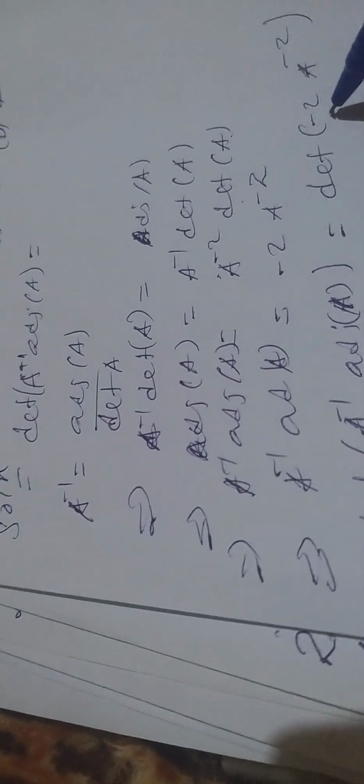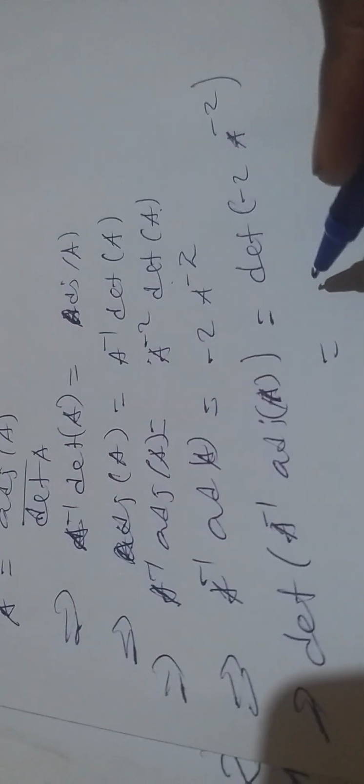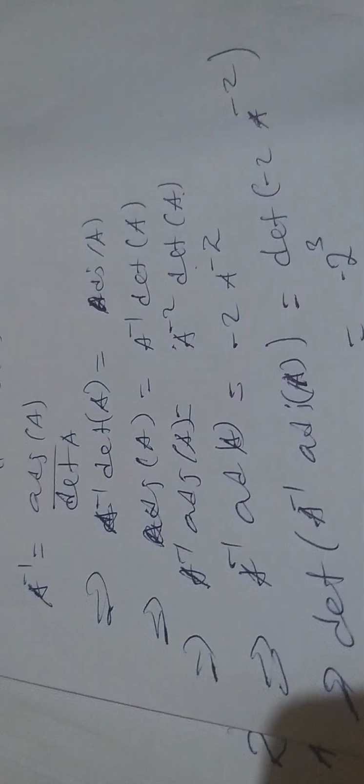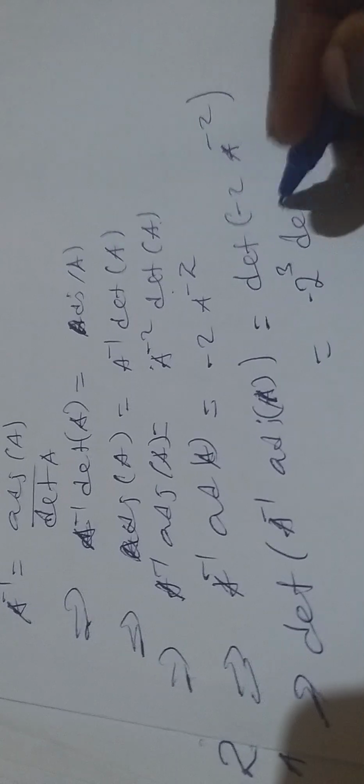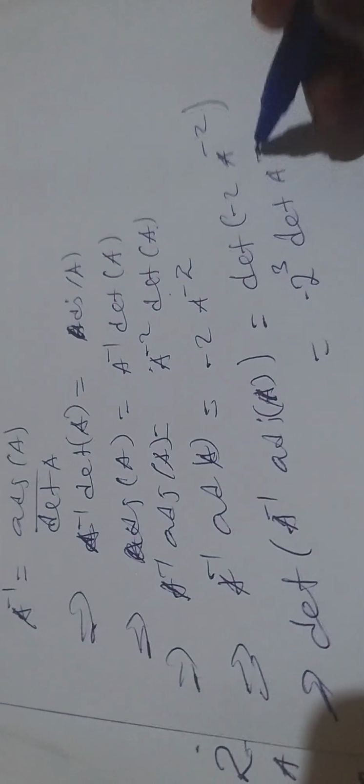You know it is a 3 by 3 matrix. This is equal to negative 2 raised to 3 times the determinant of A raised to minus 2.